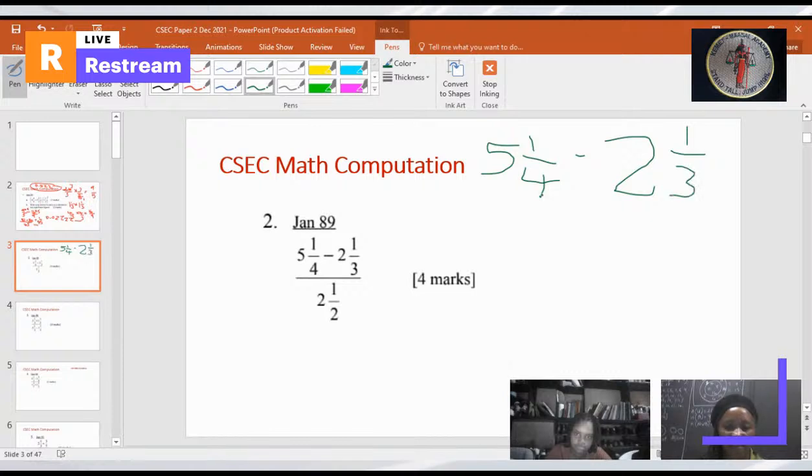So we have 5 minus 2, that's 3. And the LCM of 4 and 3 is 12. 4 into 12 goes 3 times. 3 ones are 3. And 3 into 12 goes 4 times. 4 ones are 4. So what do we do here? Because we have 3 minus 4. What are we going to do for that?